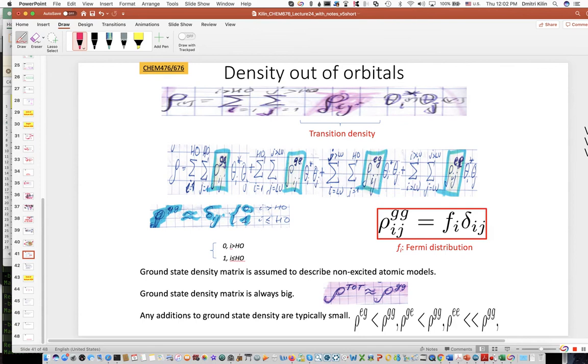Okay, 2 slides more, and they will be less intense. So for the ground state, we have no GE, no EG, no EE, only GG. And the GG part of the density matrix comes from Fermi distribution. In case we perturb the system with light of small intensity, the excited part will still be smaller than the ground part.